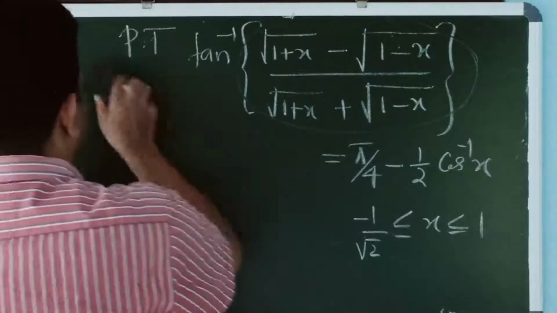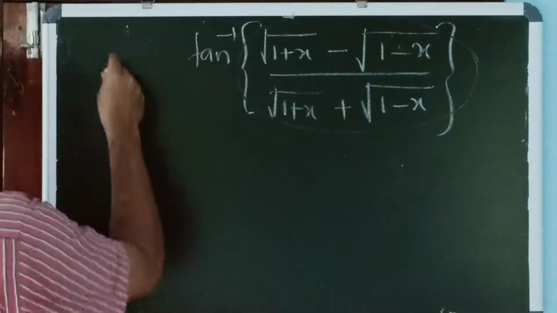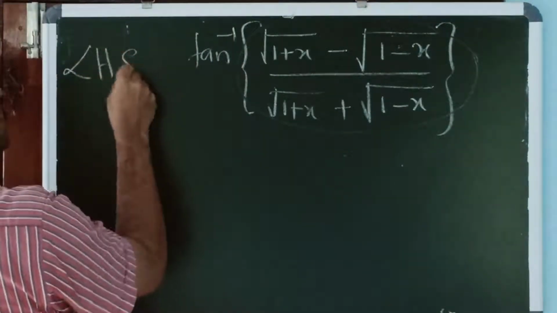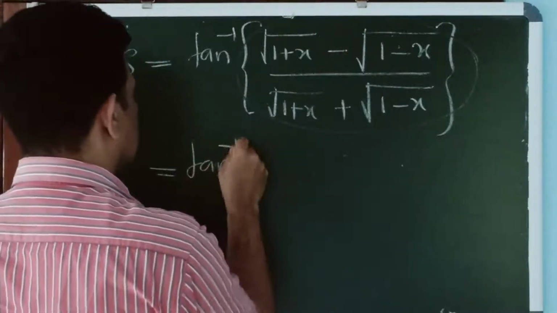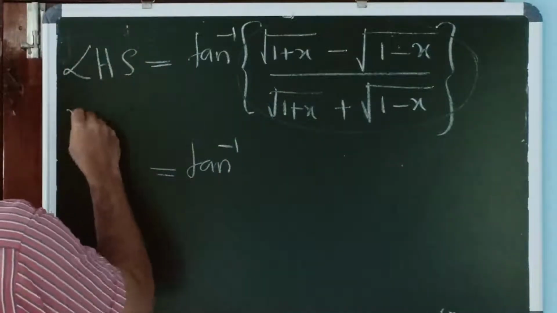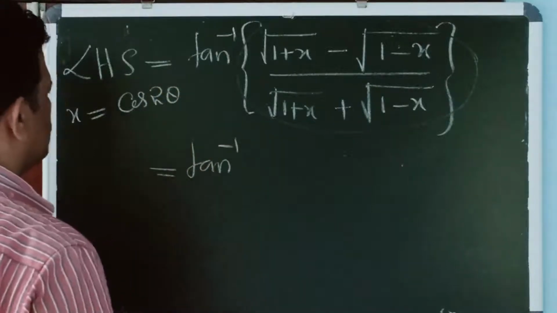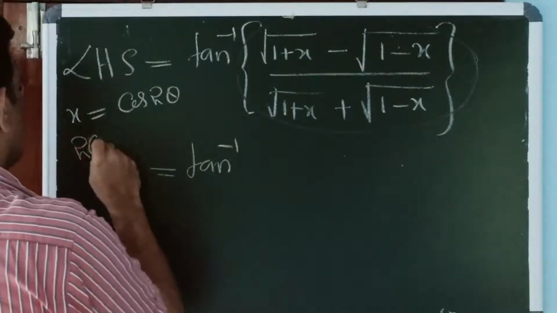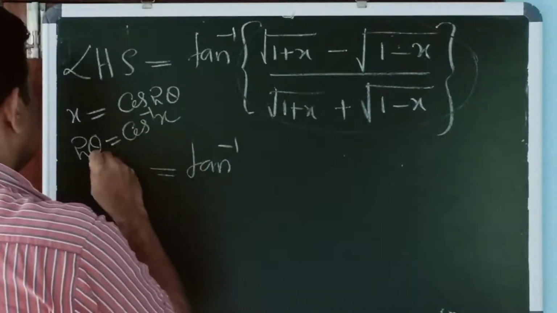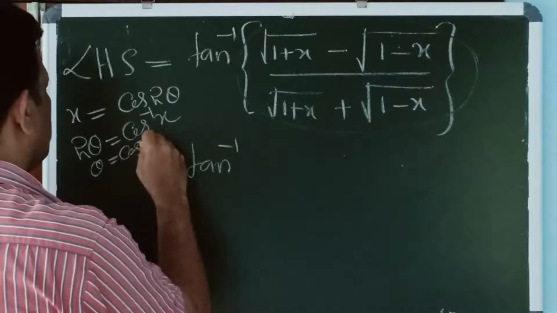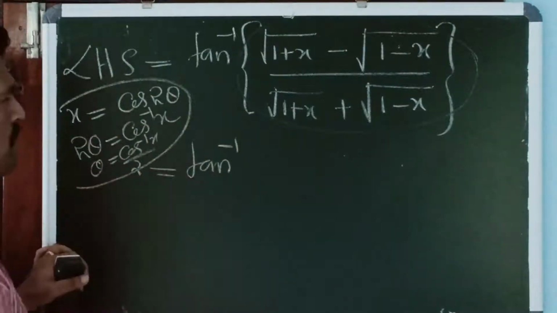First of all, we take the left hand side of the problem. That is equal to tan inverse. Here I am putting x equal to cos 2 theta. Therefore, 2 theta is cos inverse x. Hence, theta is cos inverse x divided by 2.